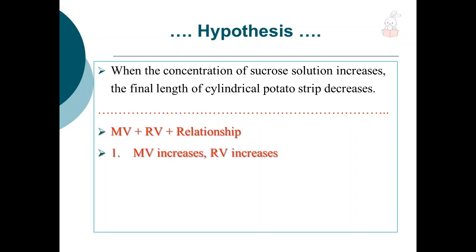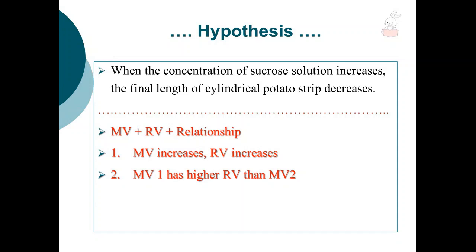There are two ways of writing hypothesis. Number one, we can write in this way: MV increases, RV increases. Number two, MV1 has higher RV than MV2. For number one, the MV is the variable with values such as temperature, time, length.